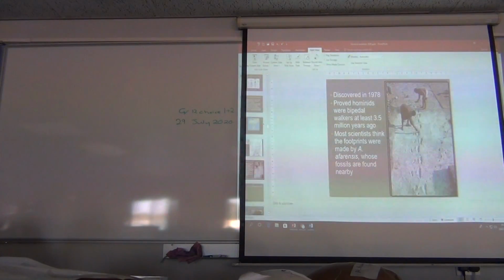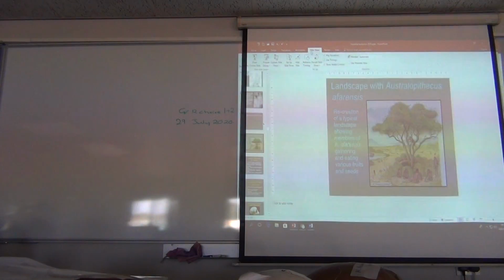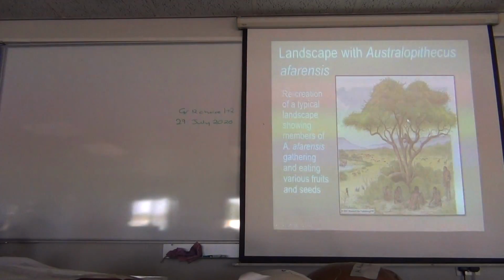The importance of the Laetoli footprints? The fact that it showed that the Australopithecines were bipedal, that they walked in a similar way to us, landing on the heel, pushing off at the toe, and that the big toe lies parallel to the other toes. It was thought that the landscape at that stage looked like this.